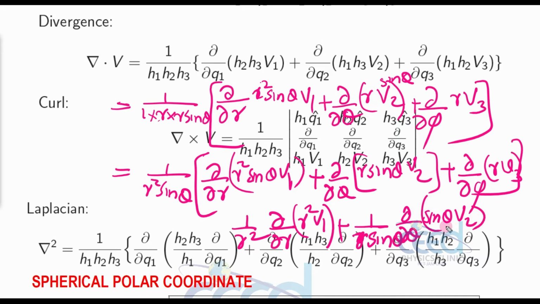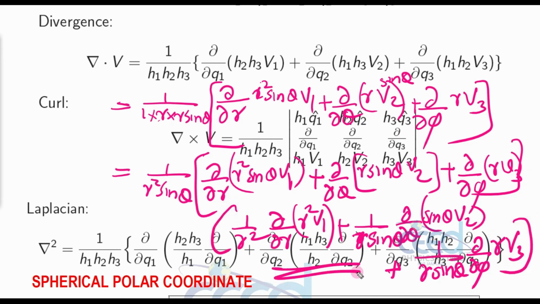Okay, plus again 1 by r square sin theta, that is 1 by r sin theta, this r I can take out and cancel, into dou by dou phi of r v3. So this is the final expression for the divergence of a vector v.